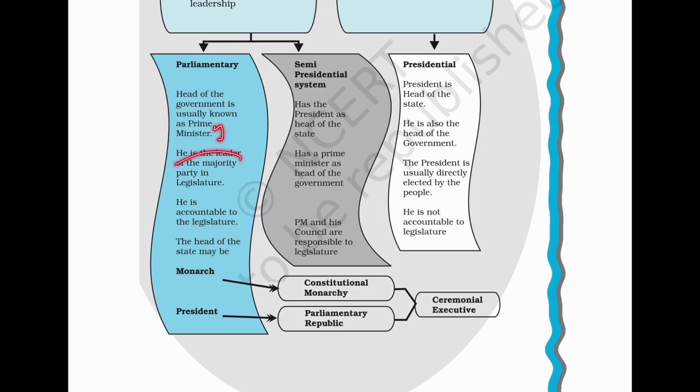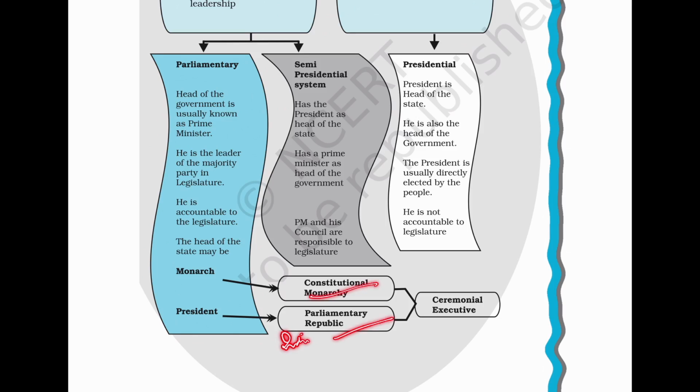Prime Minister is the leader of the majority party in the legislature, that you know. Prime Minister is accountable to the legislature because we have a group leadership being talked about, and the head of the state in the parliamentary system may be a monarch if that is a constitutional monarchy, or a president if that's a parliamentary republic, like in India.